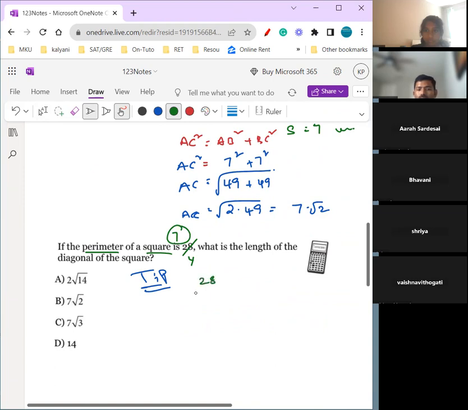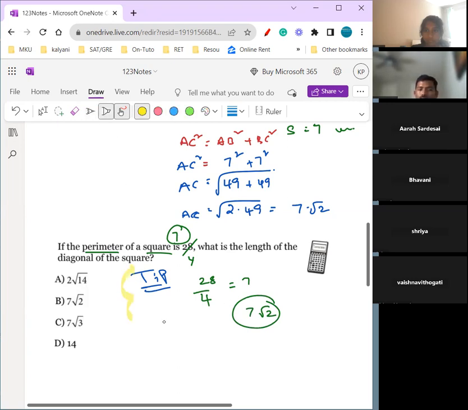And then whenever it is a square diagonal, you just add a radical 2 to this. Since you divide by 4, because 4 times the side is 28, the side is 7, and then it's going to be 7 radical 2. That's all you've got to do.